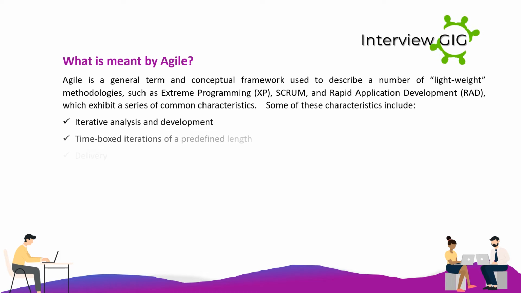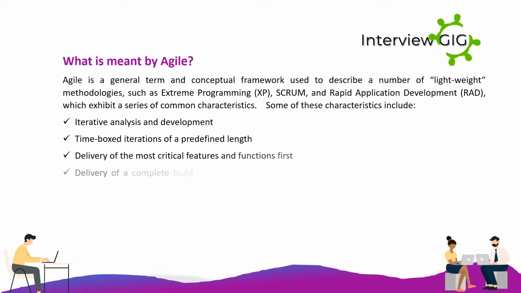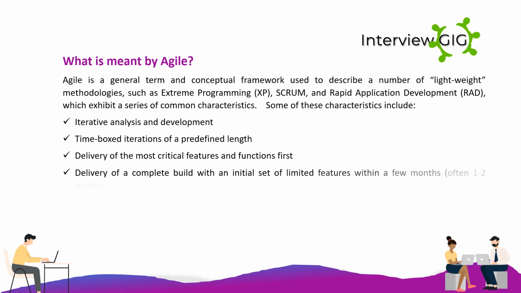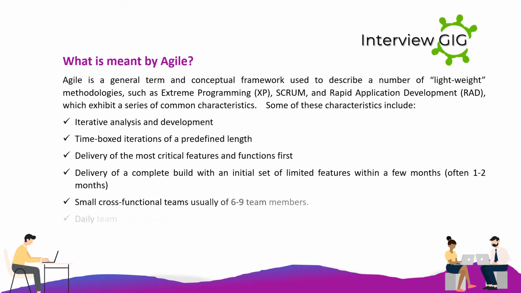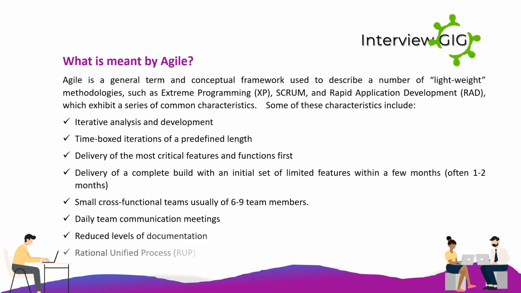Some of these characteristics include iterative analysis and development, time-boxed iterations of a predefined length, delivery of the most critical features and functions first, delivery of a complete build with an initial set of limited features within a few months, often 1-2 months. Small cross-functional teams, usually of 6-9 team members. Daily team communication meetings. Reduced levels of documentation.